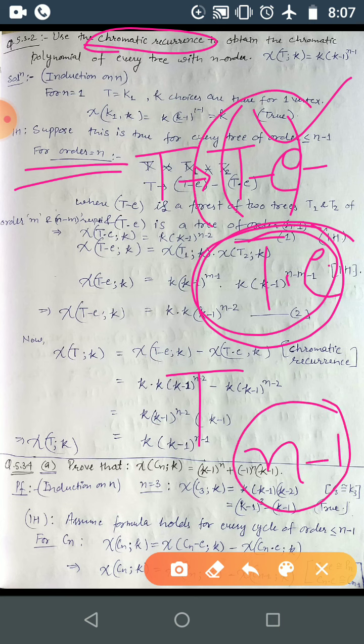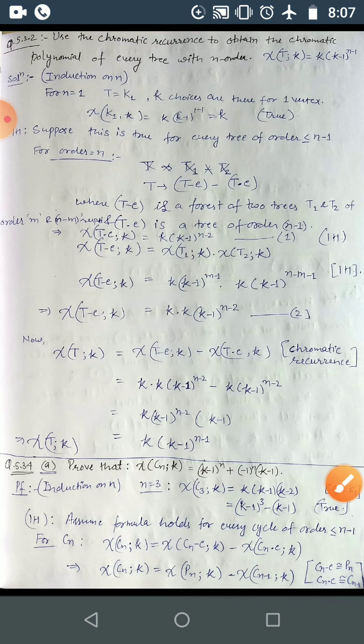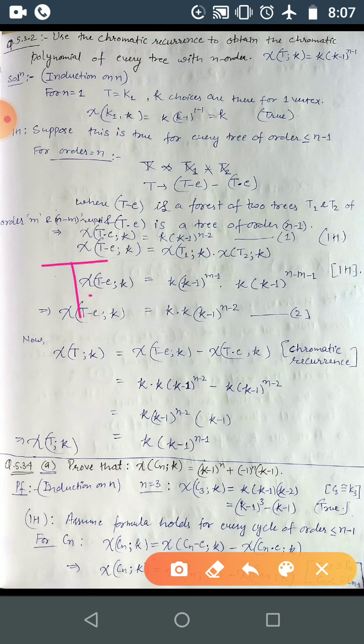And what about this T minus e? So let's discuss this one. T is an acyclic connected graph, and we are removing one edge, so it will be no more connected; it will be a disconnected graph having two components after removing this edge.